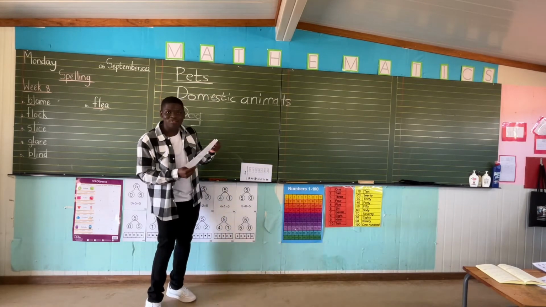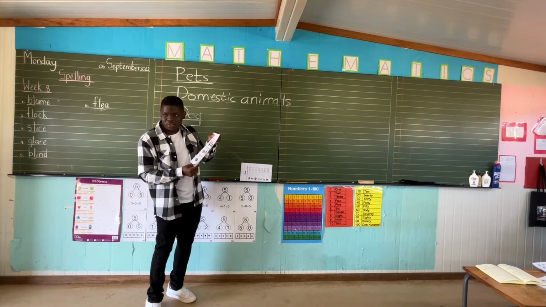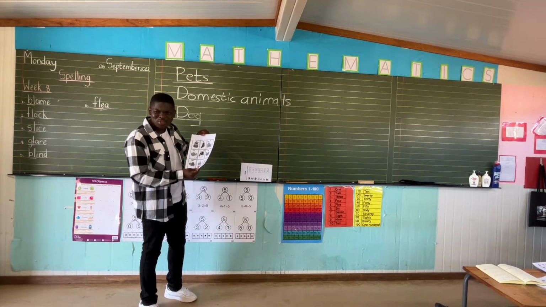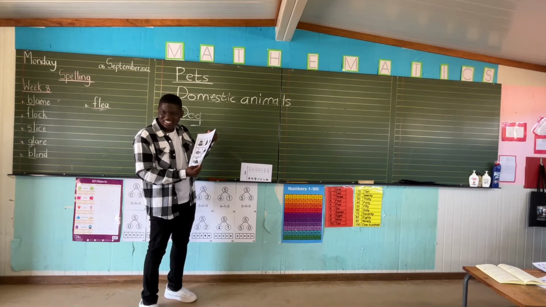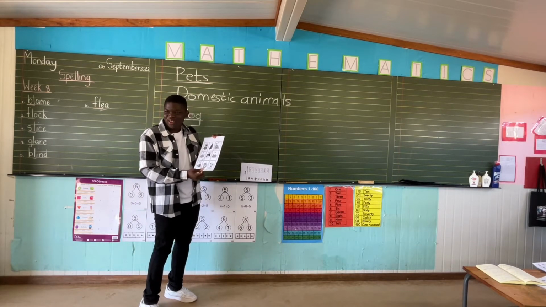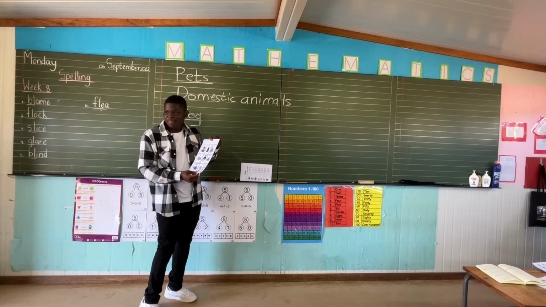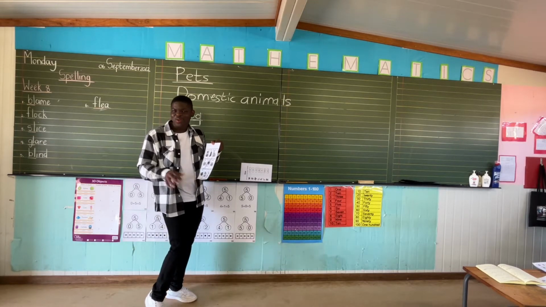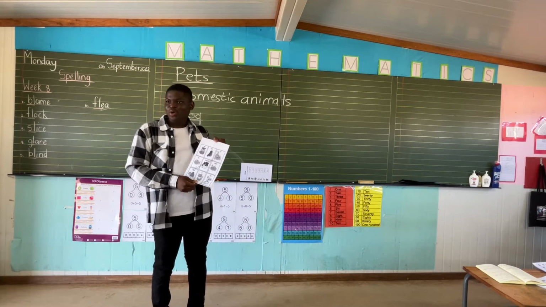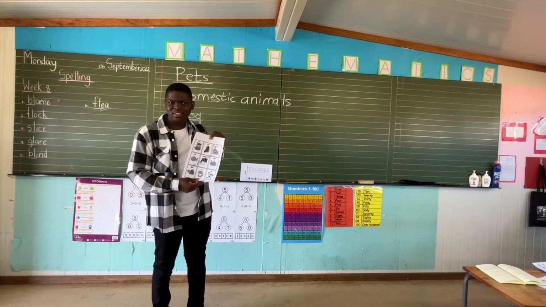So some people have parrots as pets. Other people have cats. Do you love cats? I'm scared of cats. You're also scared of cats? You need to raise up your hand when you want to speak next. So who likes cats?